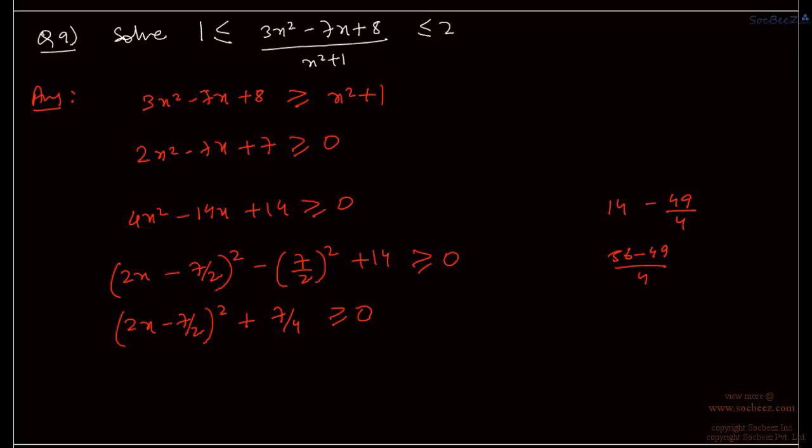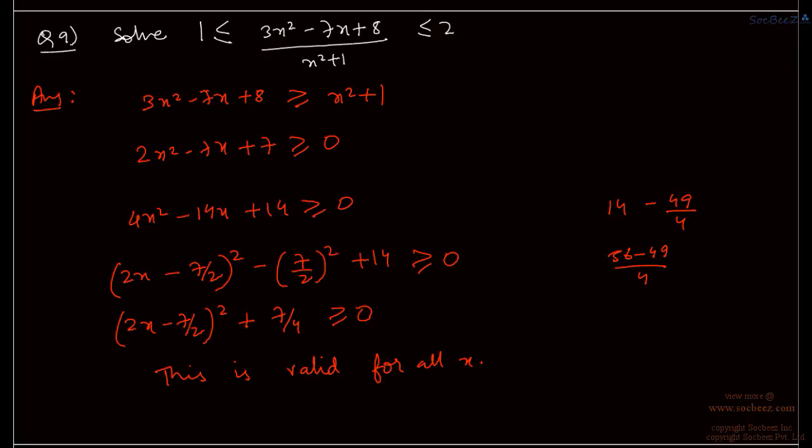So we see that the left hand side is always greater than 0 because we have a square and a positive term. So this is always greater than 0. So this is valid for all x. Hence, whatever we get from this second expression must be the range, the domain of x, right?